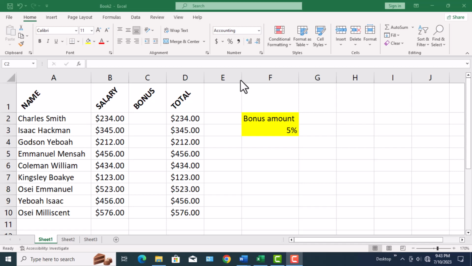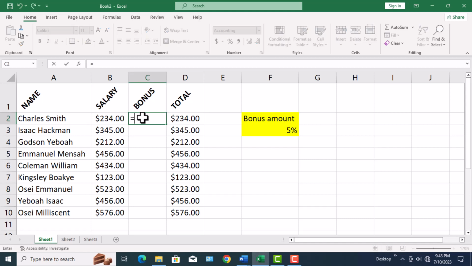Now let's try and calculate the bonus. The bonus is calculated by multiplying the salary by the bonus amount percentage. So we have our equal sign here.